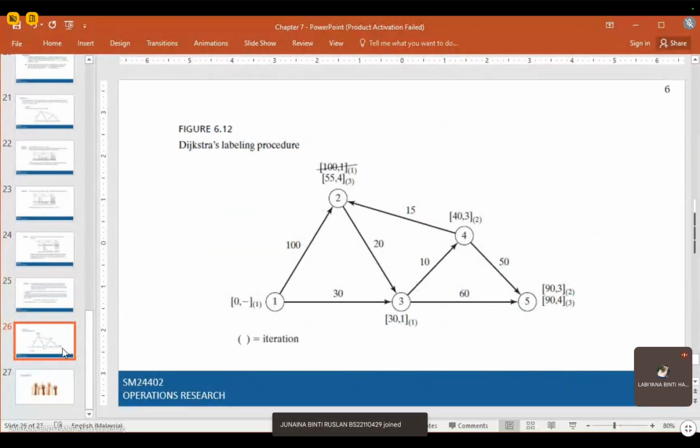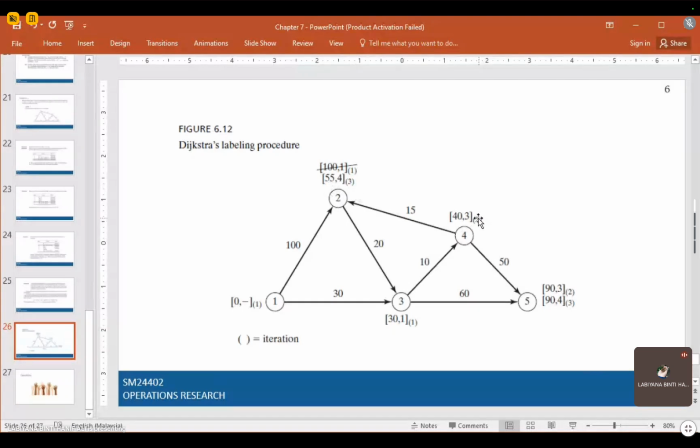Also, the Dijkstra algorithm can be used as this one. We don't write in table, but we label in a figure like this one. It is just the same, but here we have the bracket 1 here represent the first iteration.